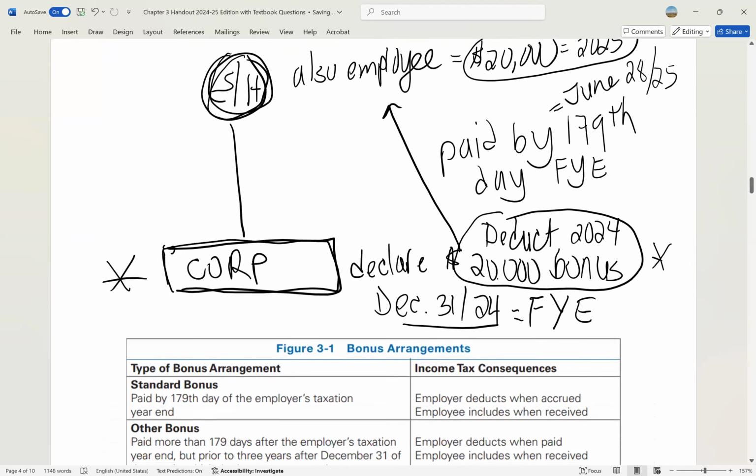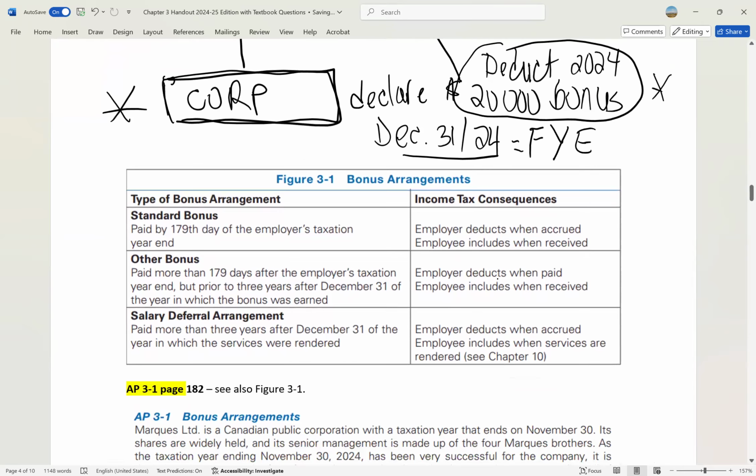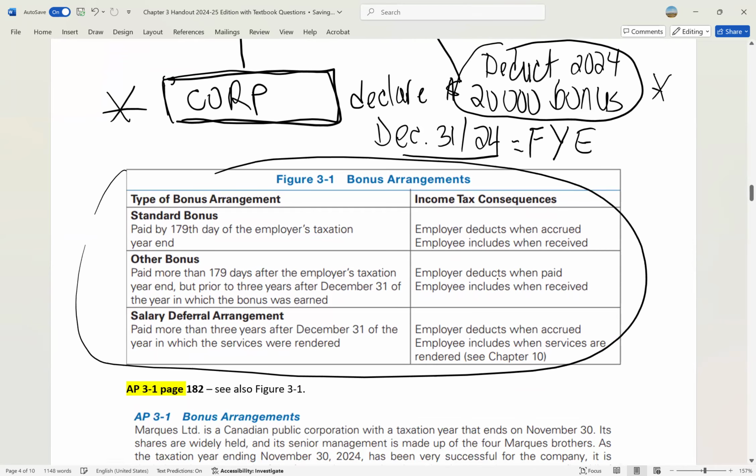These rules are summarized in your textbook in this figure here. What we just talked about was the standard bonus, paid by the 179th day of the employer's taxation year end. If that is the case, the employer deducts when accrued, so in the year that they declare the bonus, but the employee includes when received. So the employer will deduct it on an accrual basis, but the employee will include it on a cash basis.